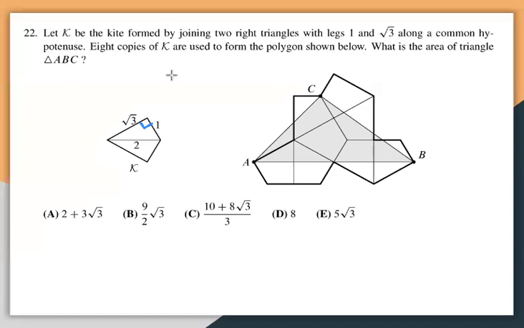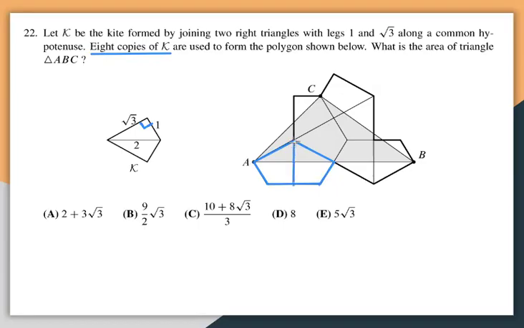Based on that, we want to find the area of ABC, but also we are told we have 8 copies of K, which is going to be useful. So let me highlight those so we can see a bit differently. This is one of these. I mean, this is 2 of these.